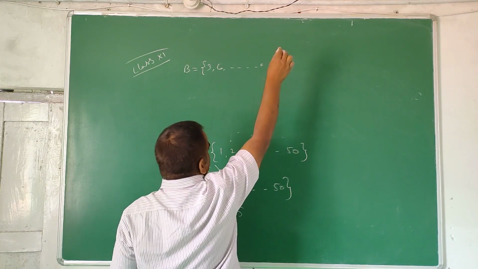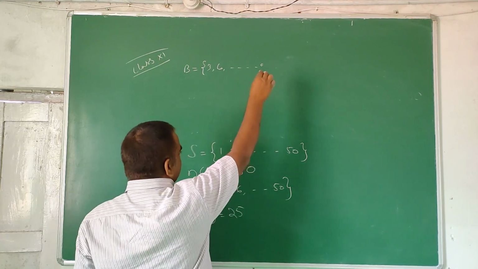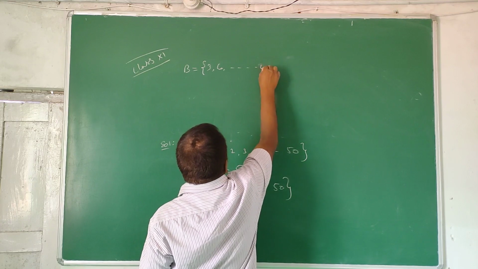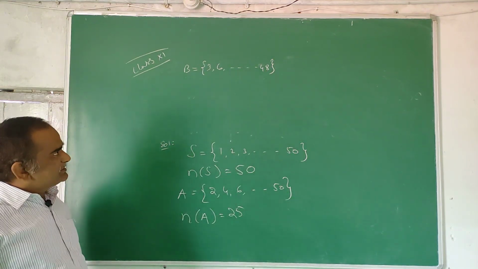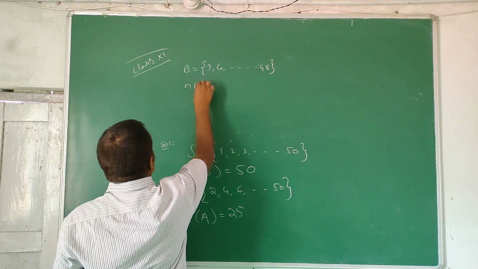Are you following? 3 16s are 48. This is the last multiple of 3 below 50. So n(B) is 16.